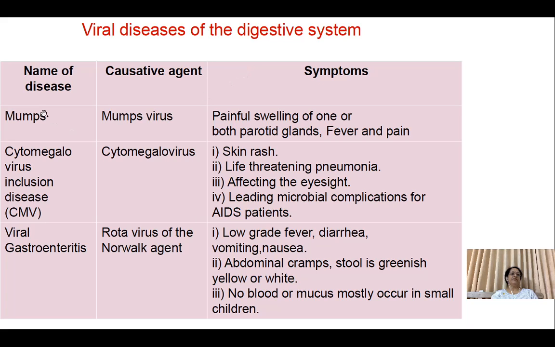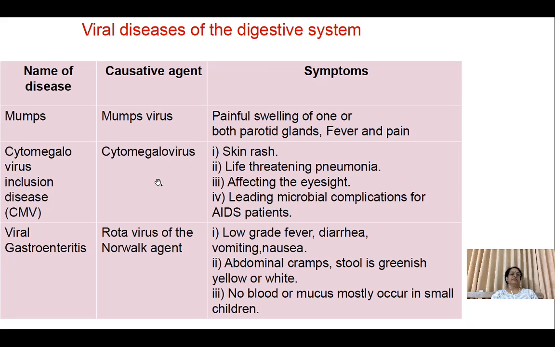Here, first disease is mumps, that is infection of parotid glands, and the causative agent is mumps virus. There is a painful swelling of one or both parotid glands, where there is a fever as well as pain. In case of a male, one can see sterility also.